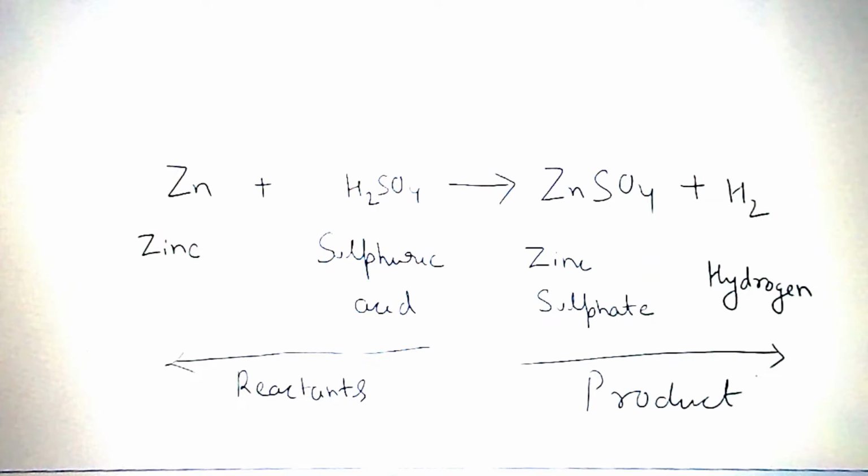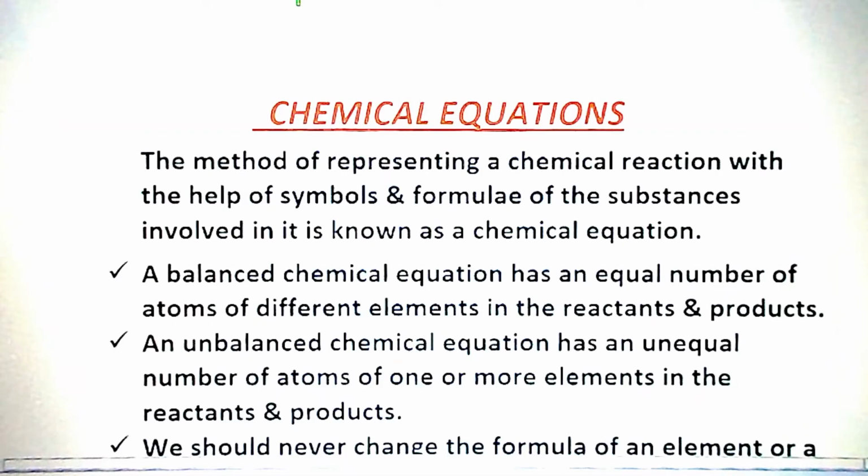This arrow indicates that the substances written on the left hand side are combining to give the substances written on the right hand side in the equation.